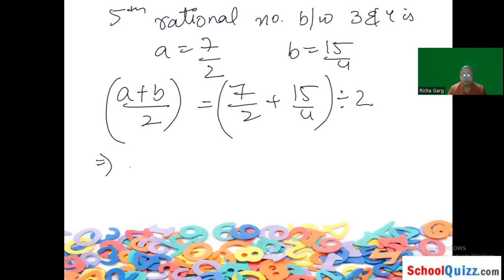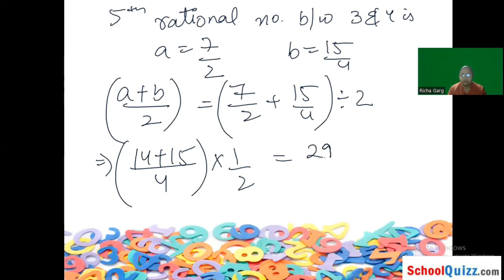So now with 4 as LCM, 14 plus 15 multiply 1 by 2. 29 by 4 multiply 1 by 2, 29 by 8. So the 5 numbers now I have are 3, comma 13 by 4.